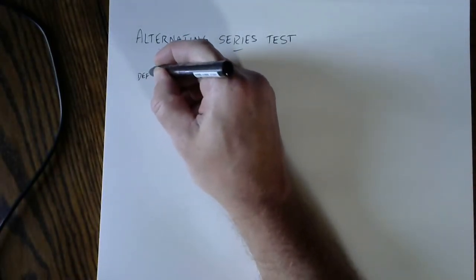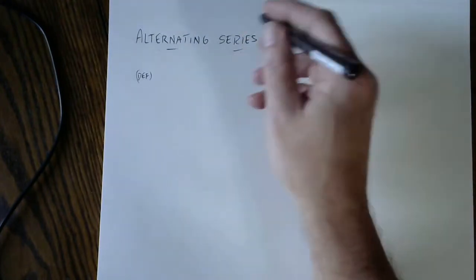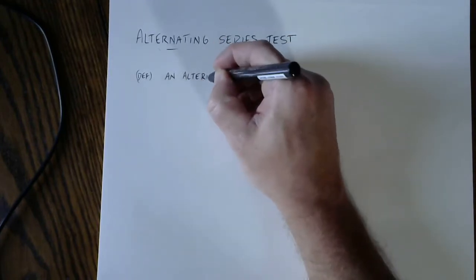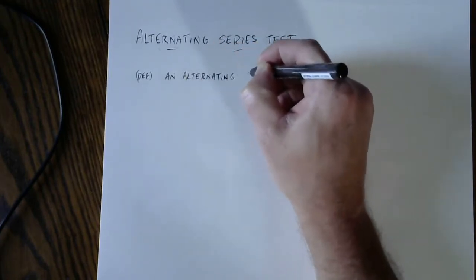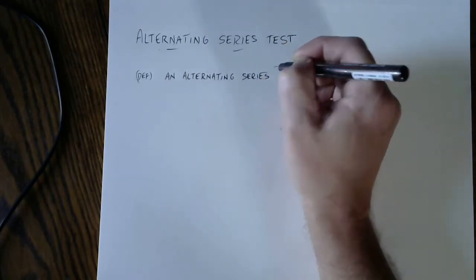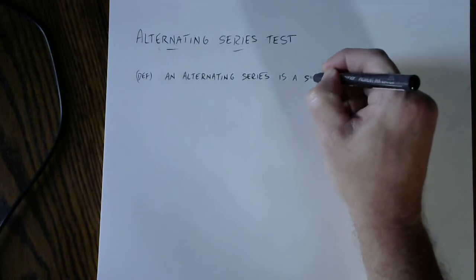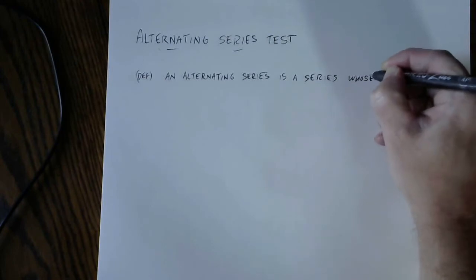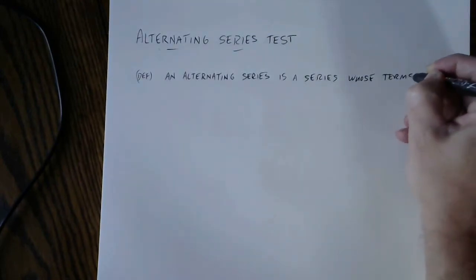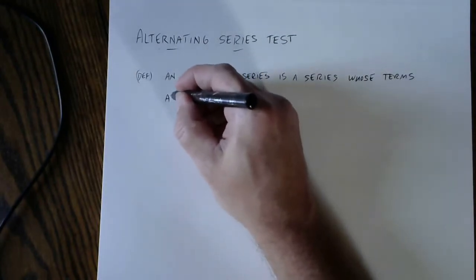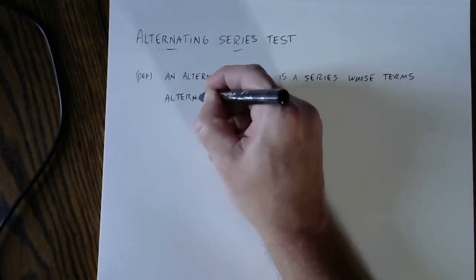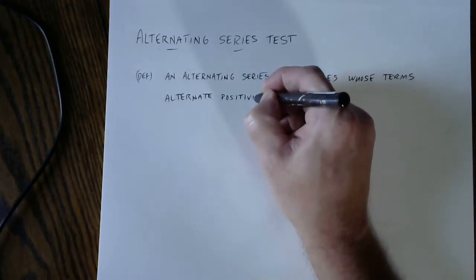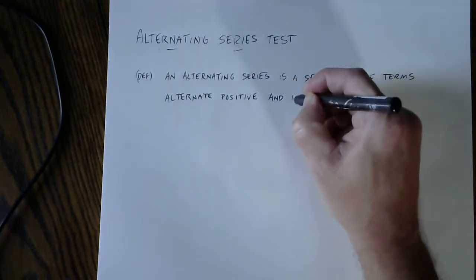It's almost like a self-defining term, but I'm going to write a definition down. An alternating series, it's a very easy concept, is a series whose terms, the things that you add up, alternate positive and negative.